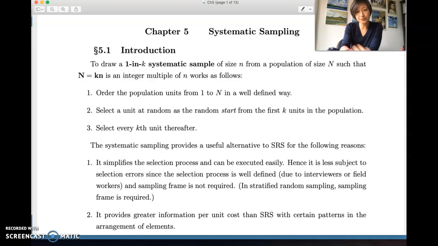From 1 to 5, we randomly choose a random start. Let's say number 3, okay? So number 3 is my first selected student, the third one. And then every fifth item, so the third one plus 5 would be the 8th student, and then the 13th student, and then the 18th, 23rd, 28th, etc., until we come up to the 93rd and 98th students from the 100 students.